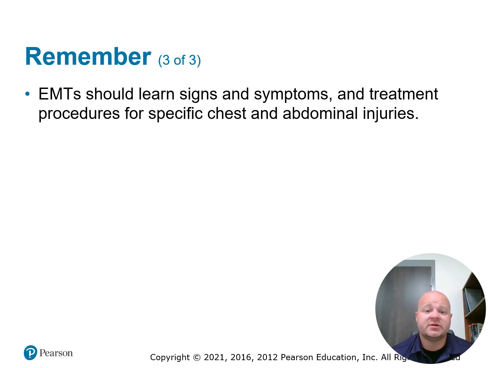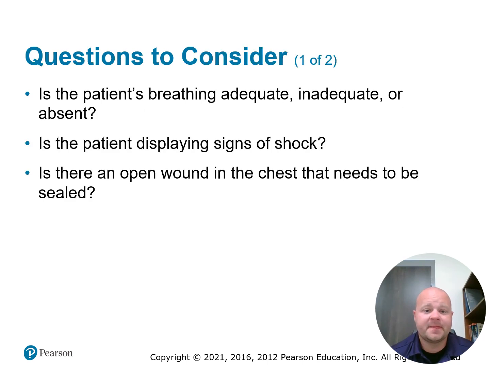So EMTs should learn signs and symptoms and treatment procedures for specific chest and abdominal injuries, which we'll go over in class. So questions to consider: is the patient's breathing adequate, inadequate, or absent? Obviously, if it's inadequate or absent, we're going to assist ventilations.